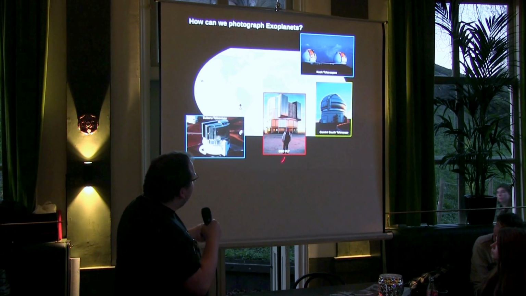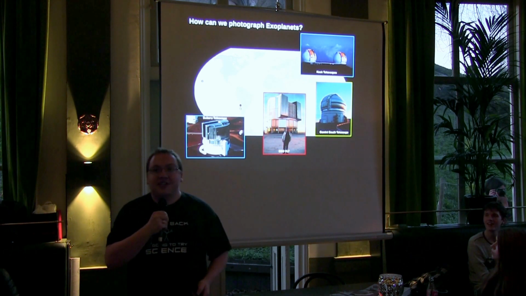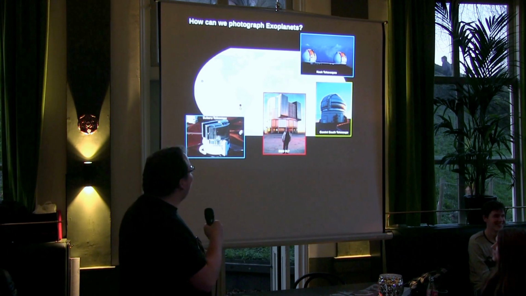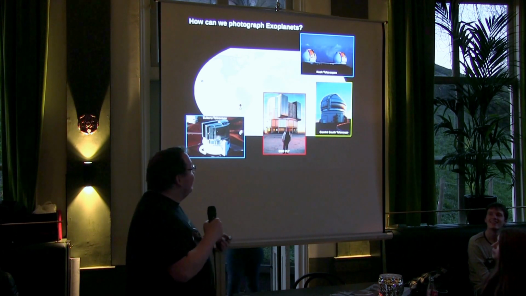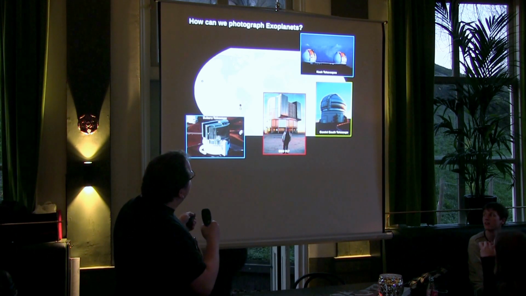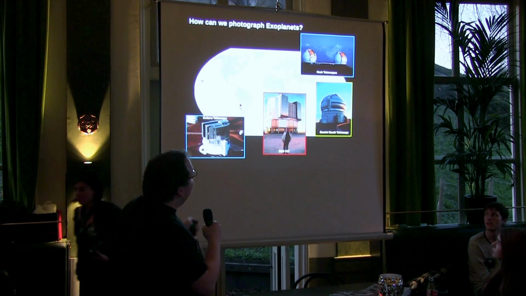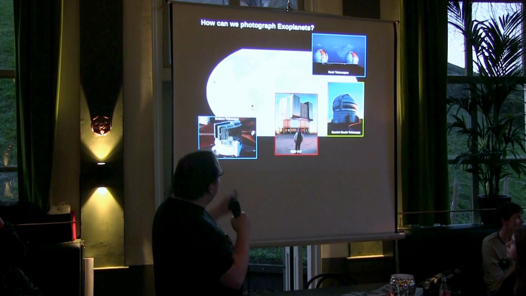And then we have the ESO VLT. So VLT stands very imaginatively for Very Large Telescope, which has also an 8 meter mirror size. And the Gemini South Telescope, also an 8 meter telescope, and they're both located in South America, in Chile actually. So those are the sites from which we can observe exoplanets today.